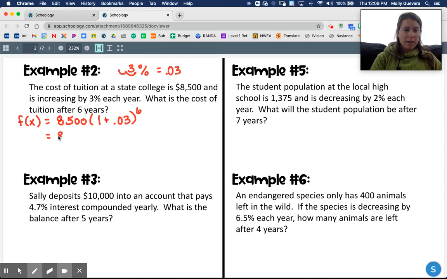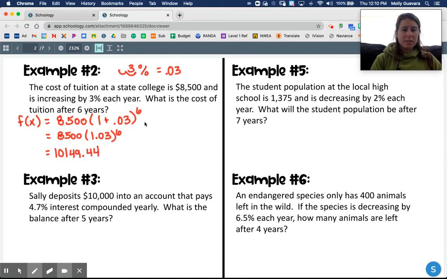So I'm going to have 8,500 times 1.03, since 1 plus 0.03 is 1.03, to the 6th. When I enter this into my calculator, I am very, very careful about parentheses. I do 1.03 to the 6th, and then I multiply by 8,500, and we should get about $10,149.44.